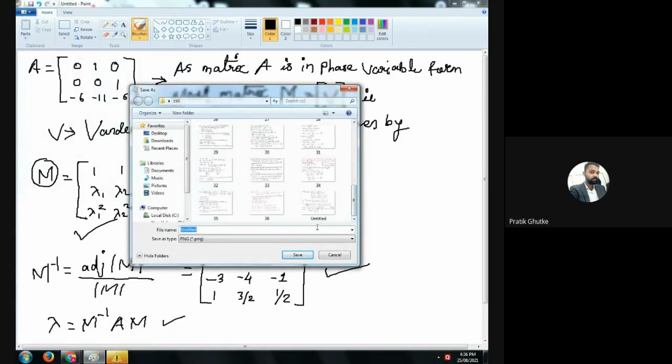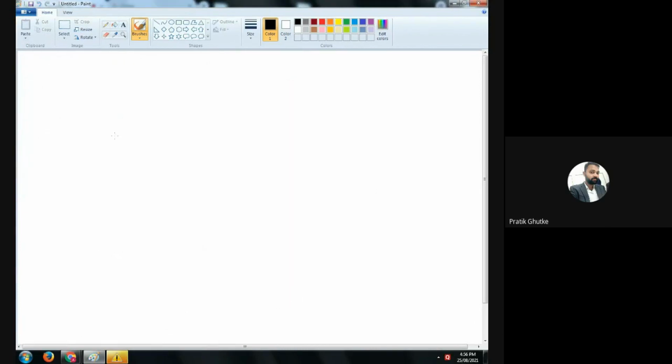So all these matrices I am putting together, that is lambda equals M inverse AM. Just see, M inverse I have just now calculated. It is 3, 5 by 2, 1 by 2, minus 3, minus 4, minus 1, 1, 3 by 2, and then 1 by 2.